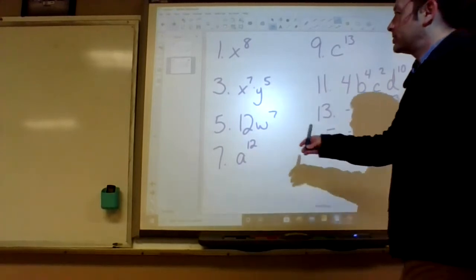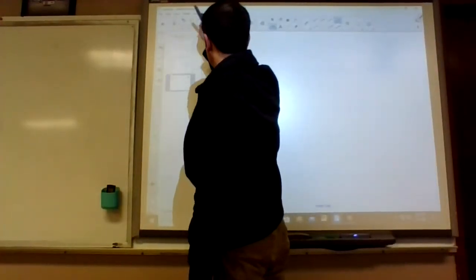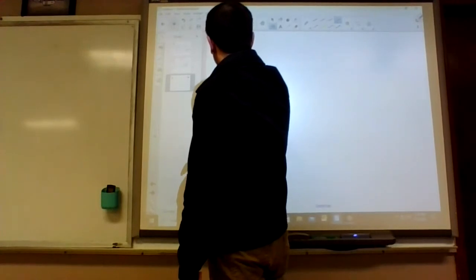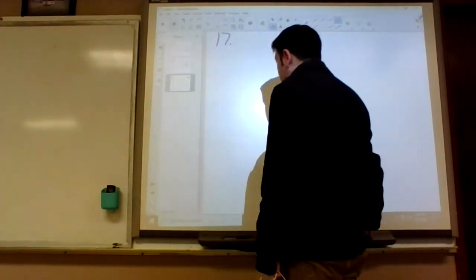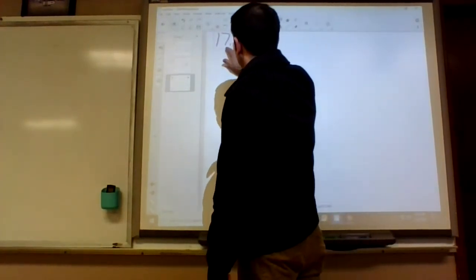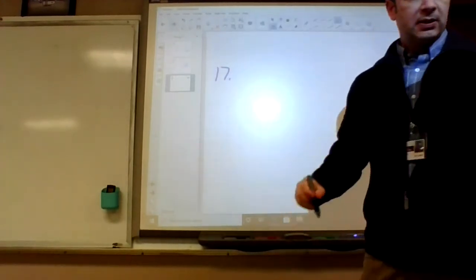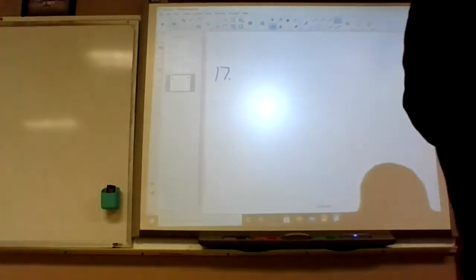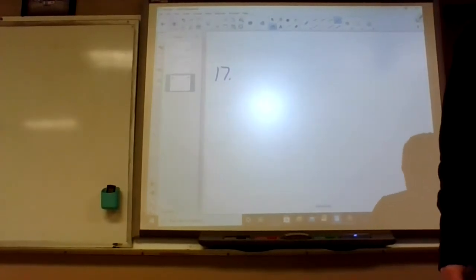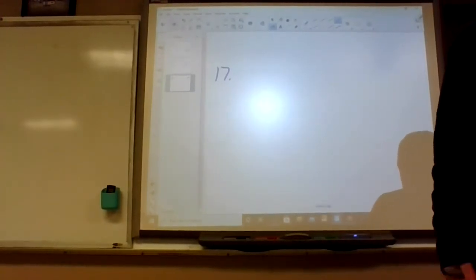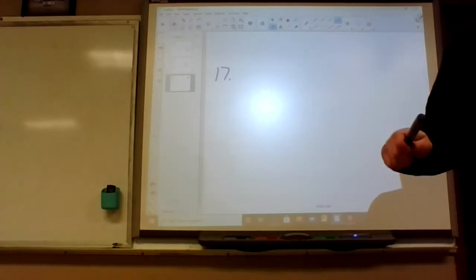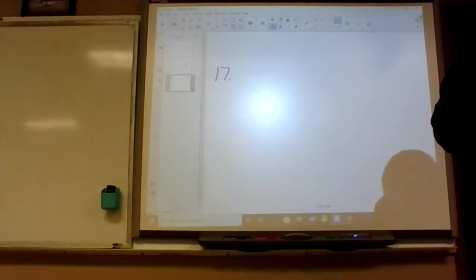What is the left term cubed going to come out as? So we're starting with 5 cubed. So what's 5 times 5 times 5?